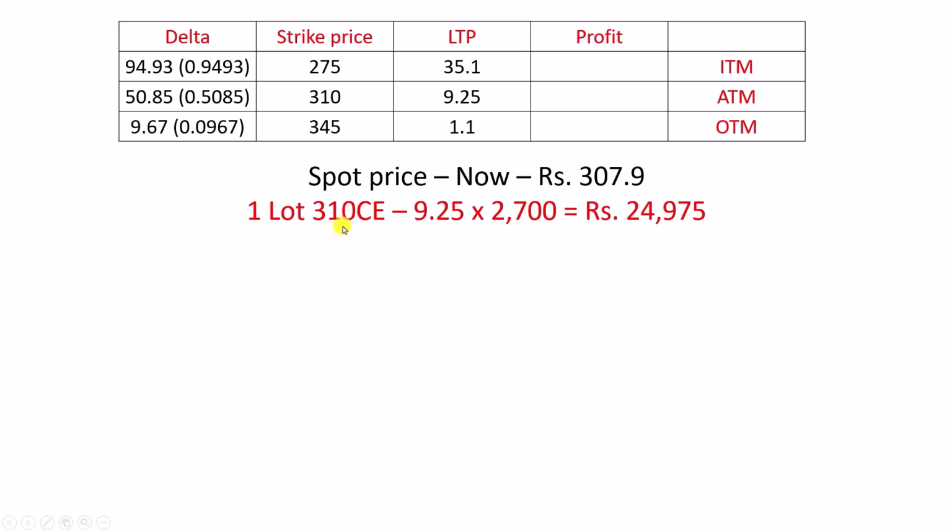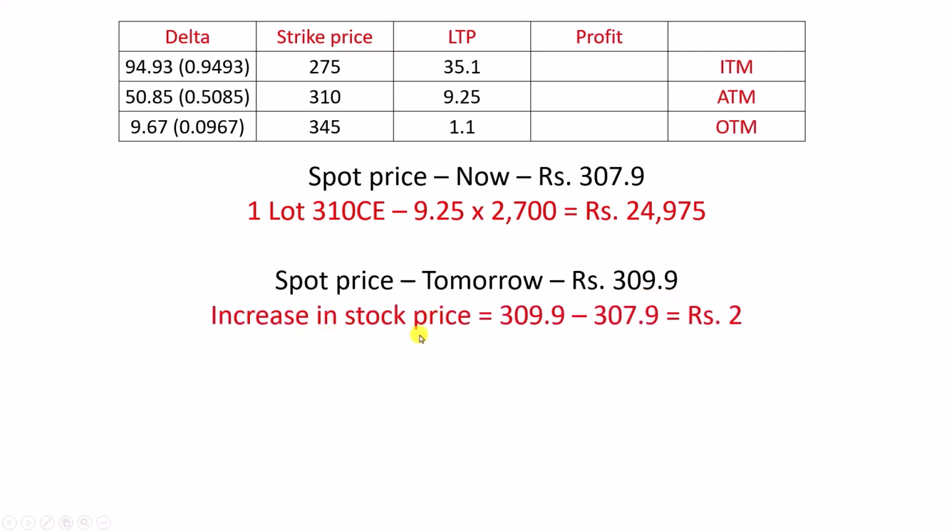At the time of buying, this is the price. Now tomorrow, let us say the spot price of the stock increases to 309.9 rupees. So the change in stock price is 309.9 minus 307.9, an increase of 2 rupees.